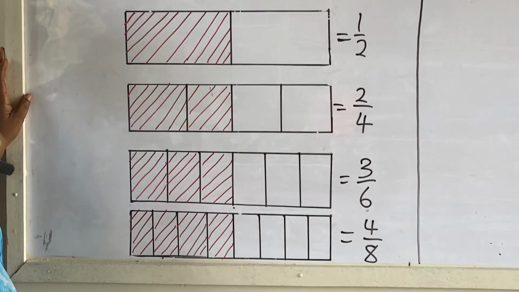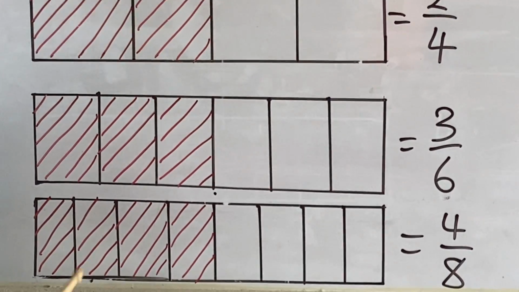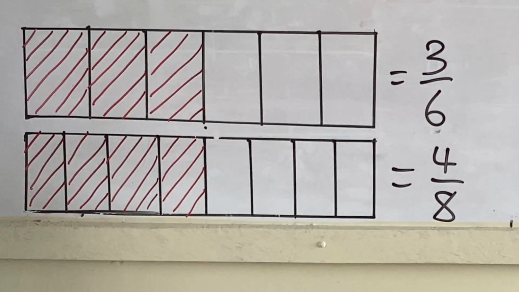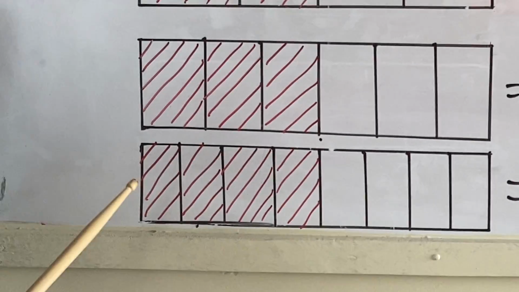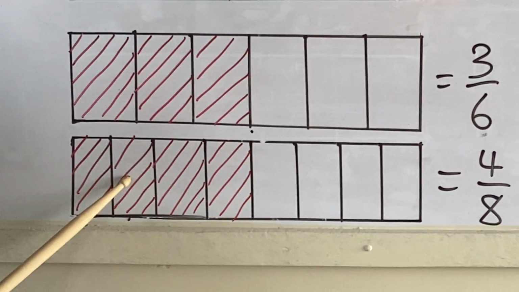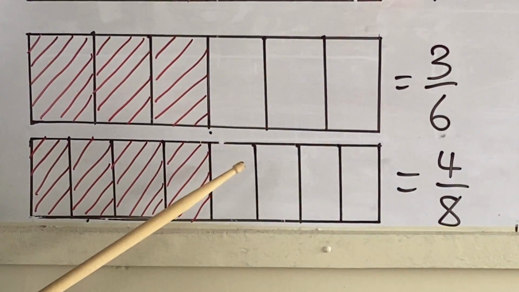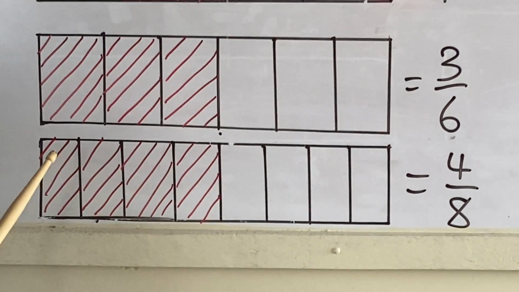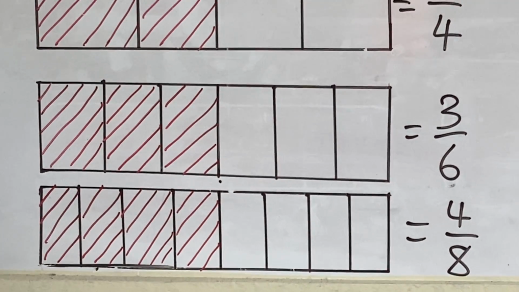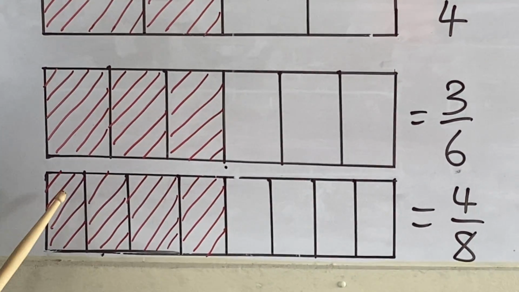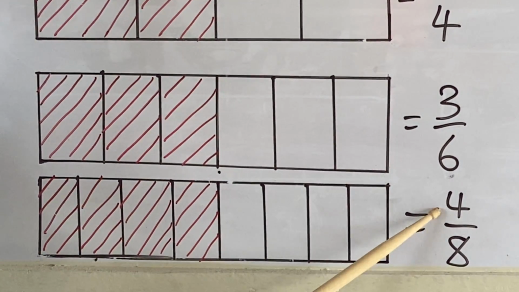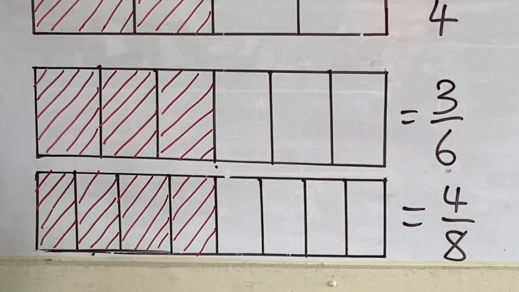Then let's look at the last rectangle. It has been partitioned into 8 equal parts. Let's count them together. 1, 2, 3, 4, 5, 6, 7, 8. How many parts are shaded out of the 8? We have 1, 2, 3, 4. So it is 4/8.